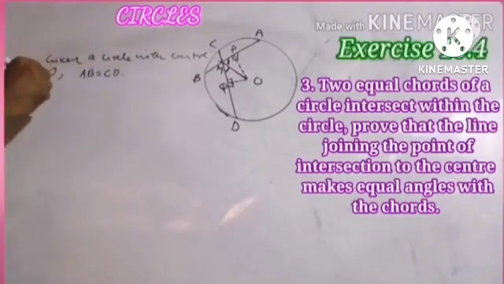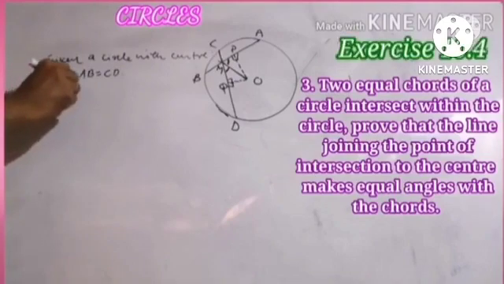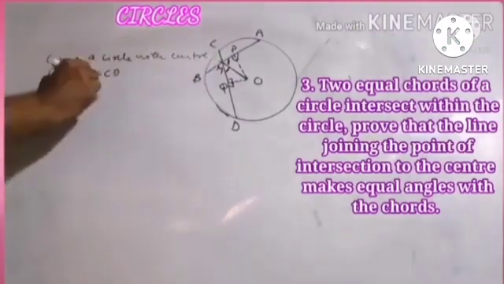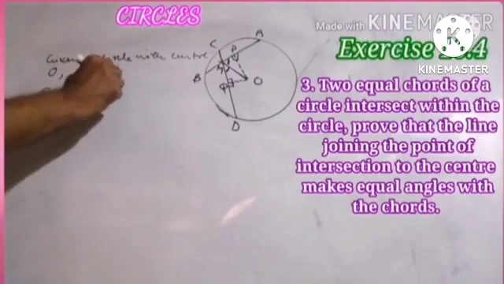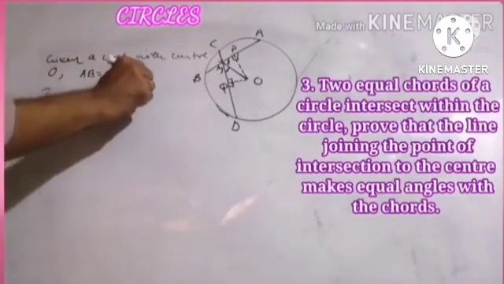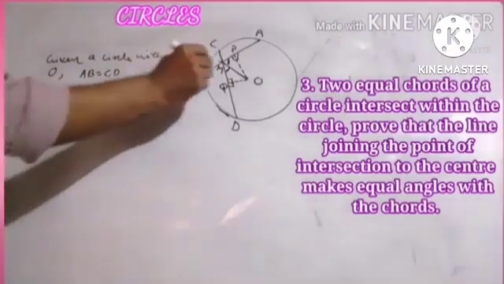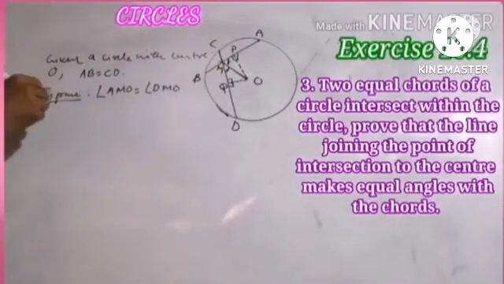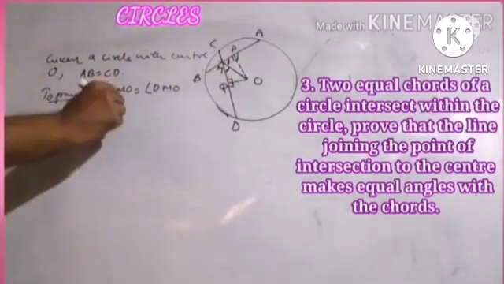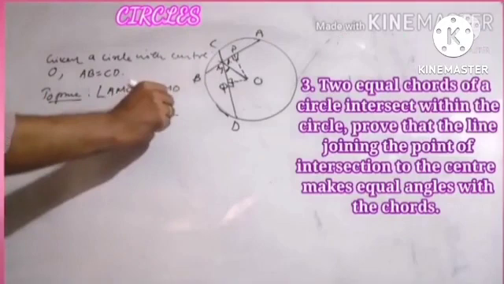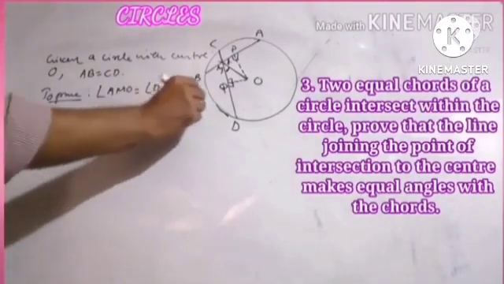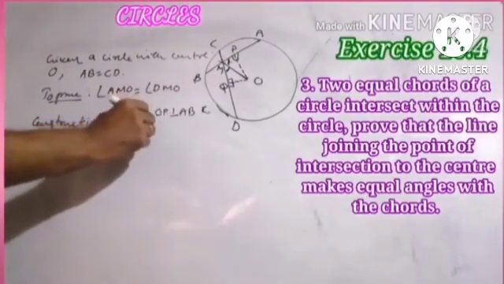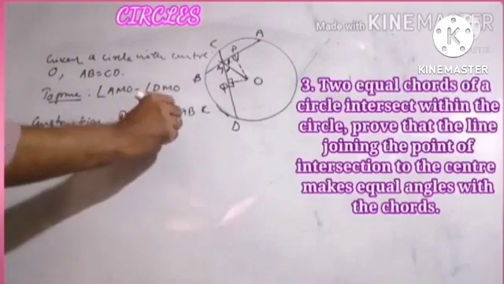To prove angle AMO equals angle DMO. These two angles are equal. Now the construction: draw OP perpendicular to AB and OQ perpendicular to CD.